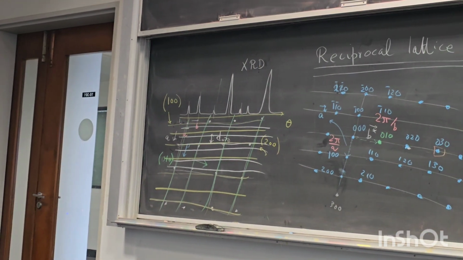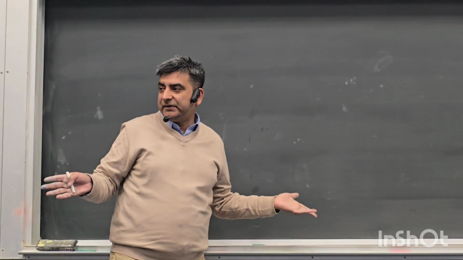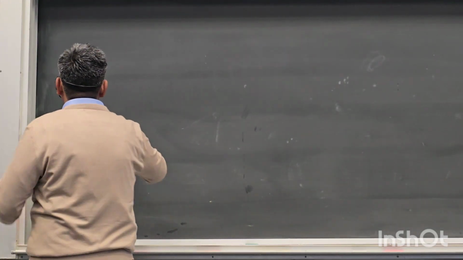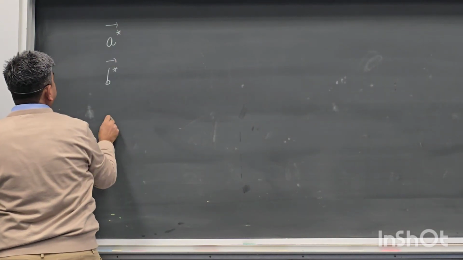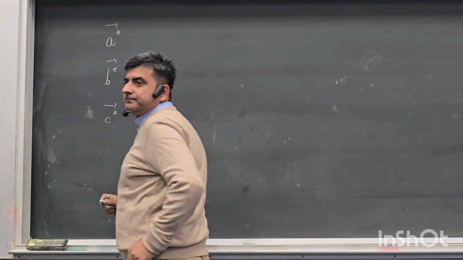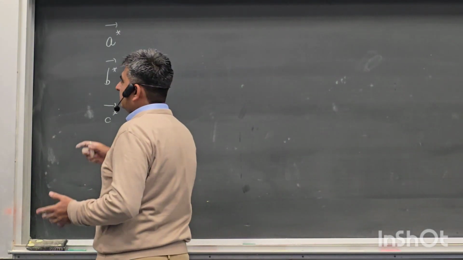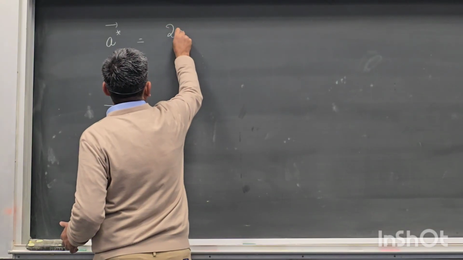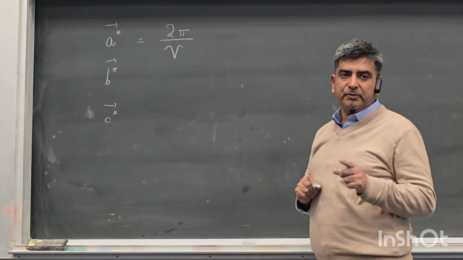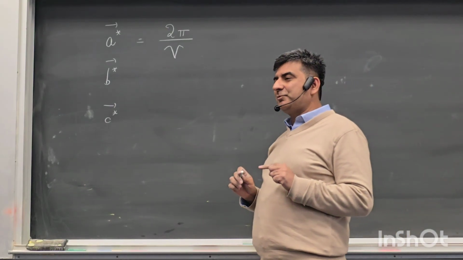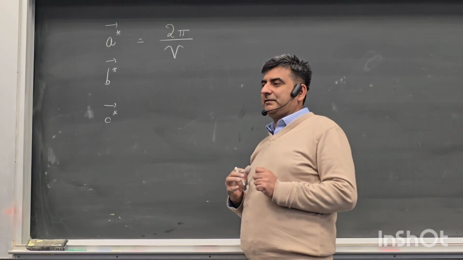Just as A, B, and C define the lattice in the direct space, in the reciprocal space, I have the vectors A star, B star, C star. And they can also be found out mathematically. A star is 2 pi over the volume of the unit cell in the direct space. The volume in the reciprocal space will be the reciprocal of the volume in the direct space.